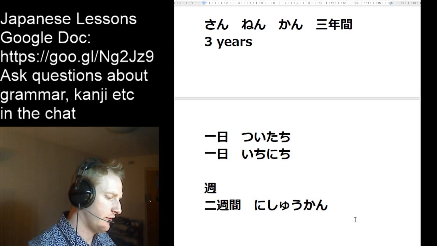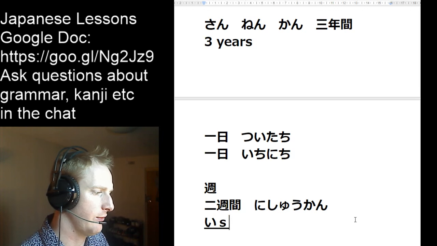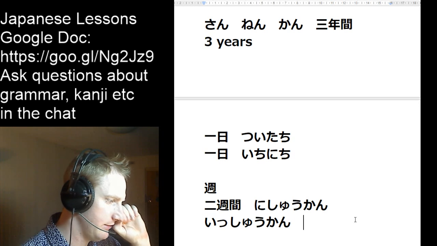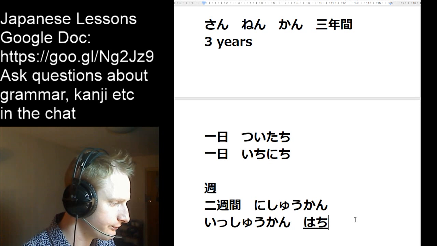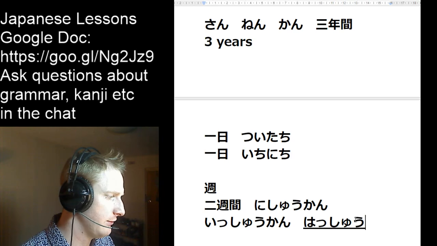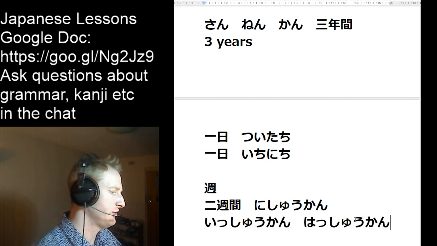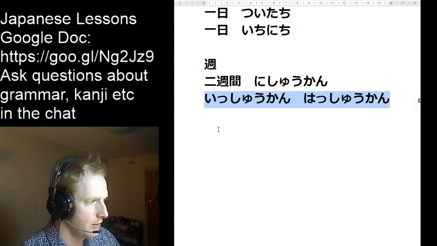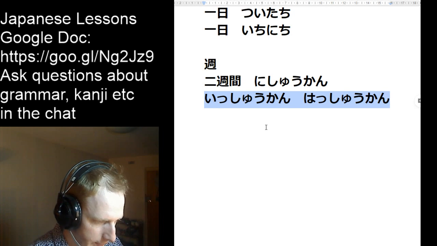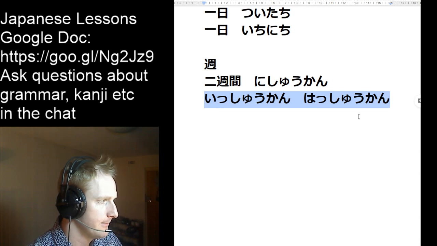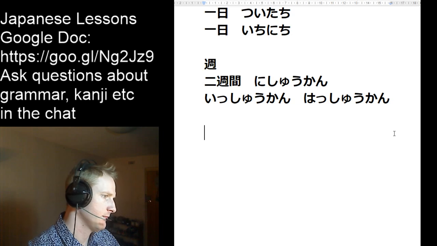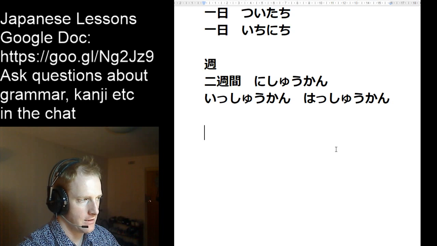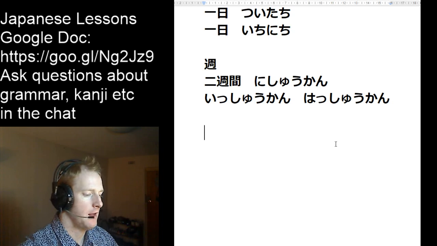Now, there are 2 exceptions we should keep in mind for this, and it's for 1 week, we read as 1週間 rather than 1週間. And kind of similarly, for 8 weeks, we read as 8週間 rather than 8週間. So they're the only 2 we have. But we'll notice that these pronunciation changes are very common patterns.